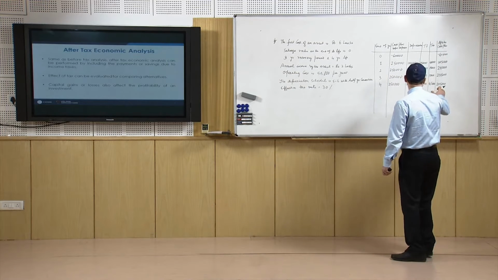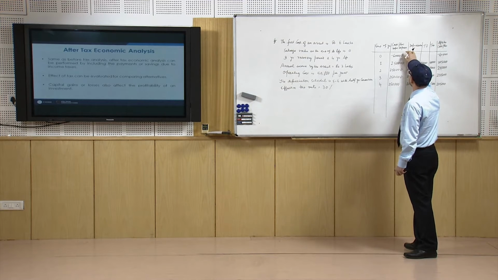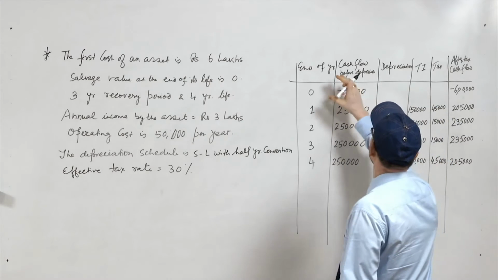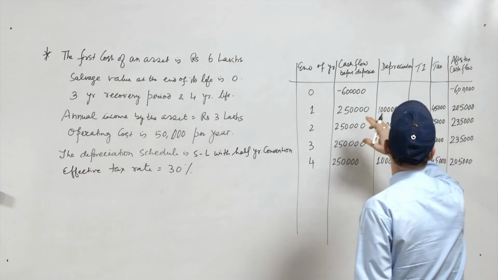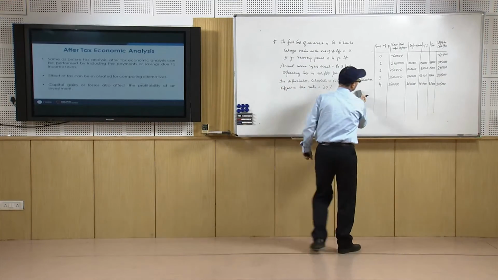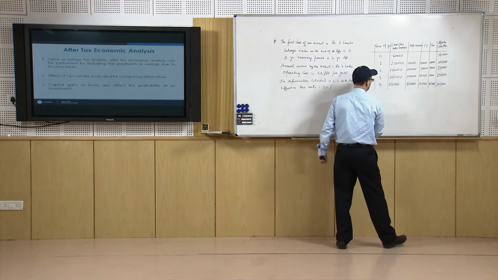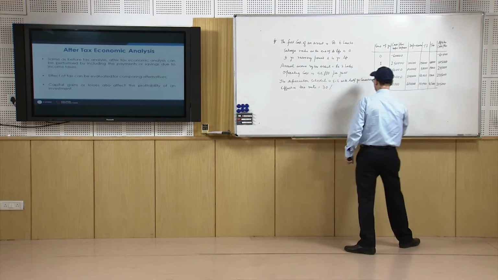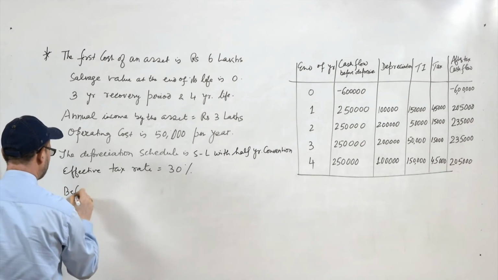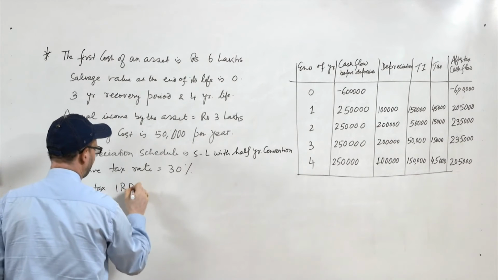If we have to compute the rate of return for the cash flow before the tax payment and after the tax payment, the rate of return can be found out. The before tax rate of return is the internal rate of return.